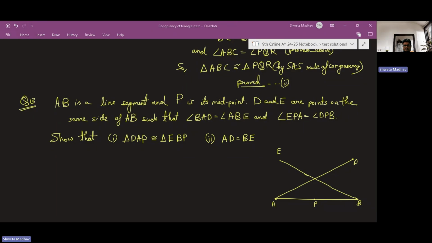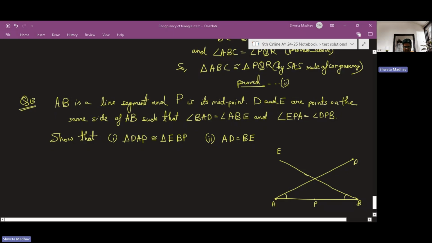So here angle BAD is equal to angle ABE. These two angles are equal. And angle EPA is equal to angle DPB.